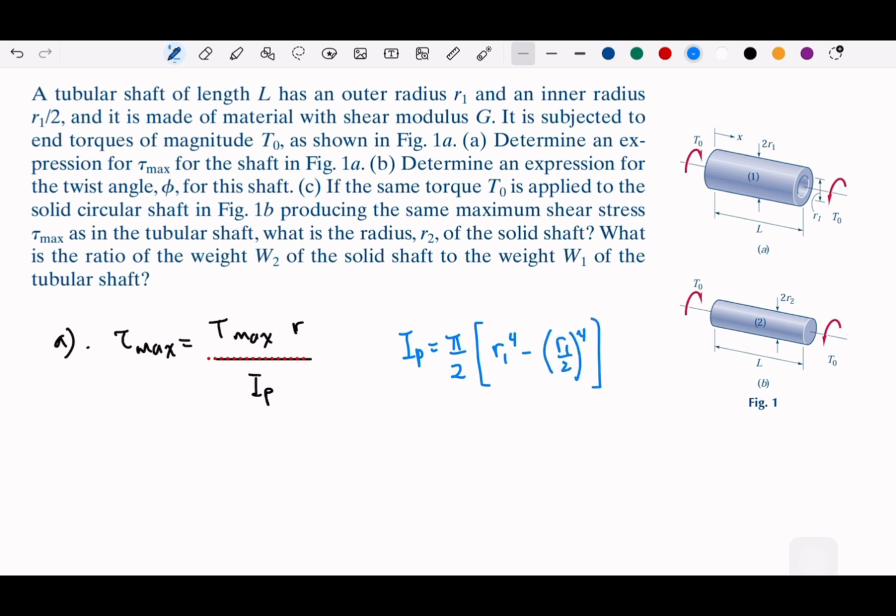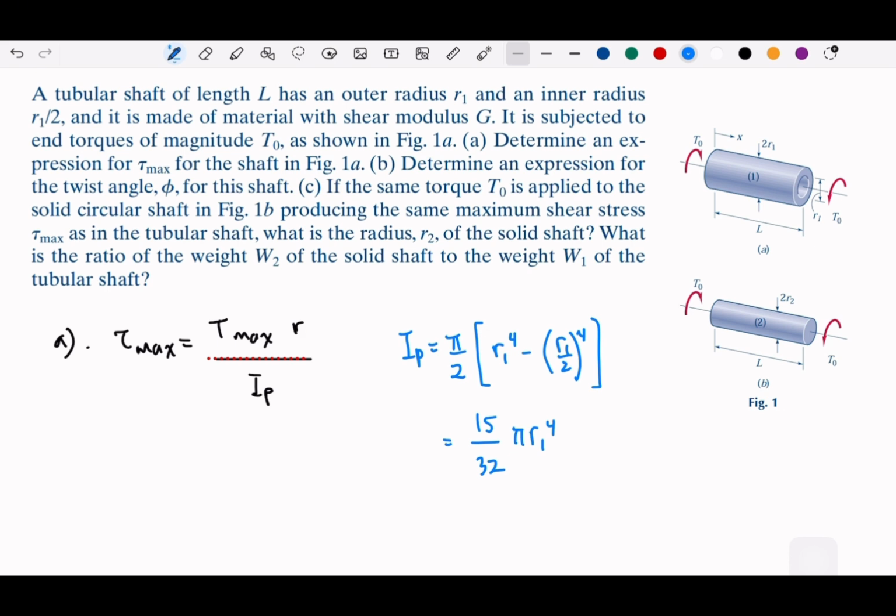So we can write it like that, and with simplification, we have pi over 32 minus pi over 32 times a half to the fourth, which will be 15 over 32 pi R1 to the power of 4.